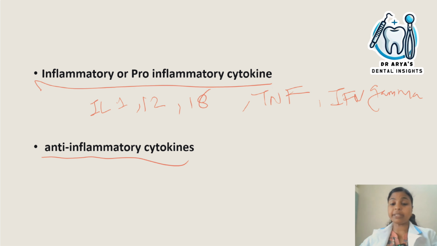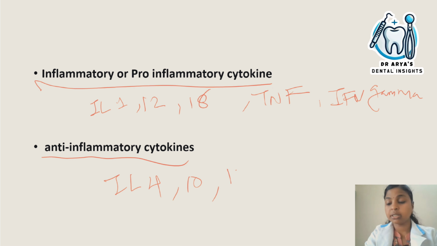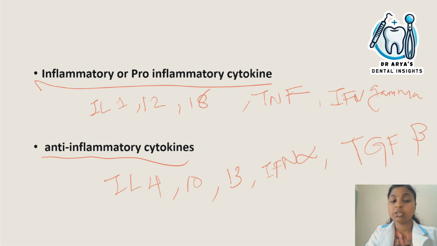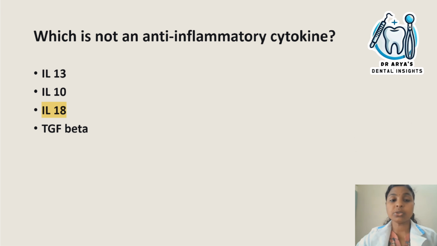And anti-inflammatory cytokines are interleukin 4, interleukin 10, 13, IFN alpha, and transforming growth factor beta. So these are the various cytokines. So the one that is not an anti-inflammatory cytokine, which is a pro-inflammatory cytokine, is interleukin 18.